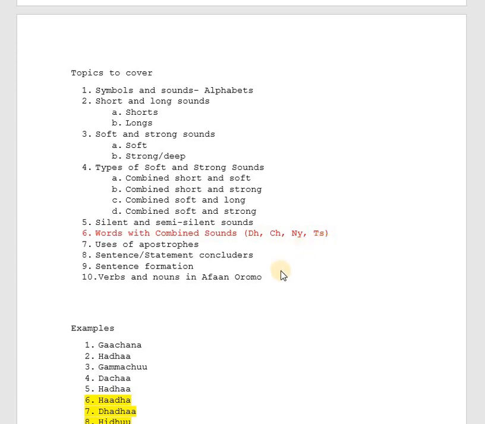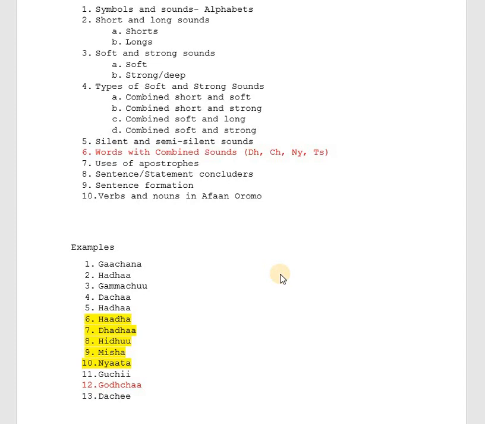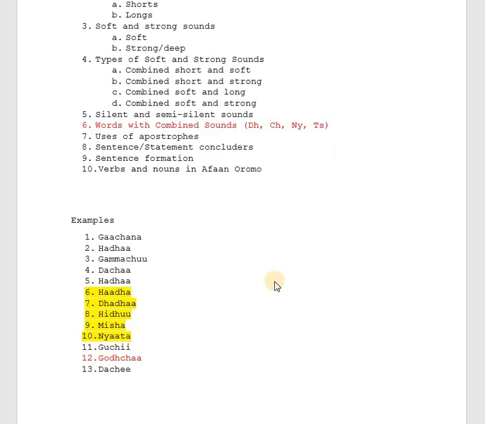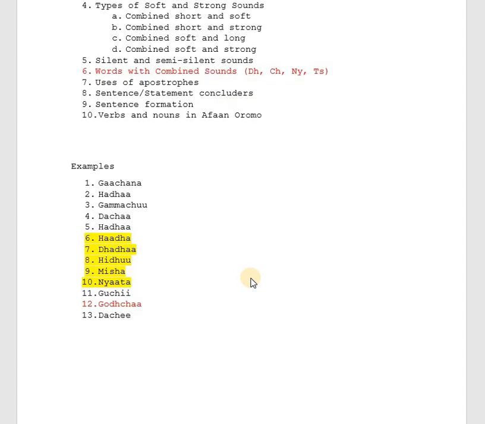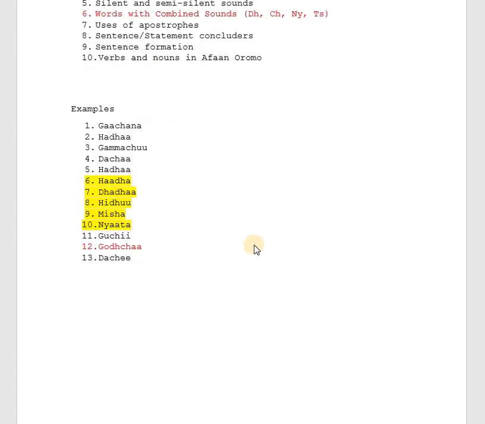There are others as well, and there are words that we write using these compound sounds, and there is a specific thing we are going to tell you. Most of the words that use these sounds tend to be strong when we say them, but even though they are strong, as with the silent words, we don't double these sounds.